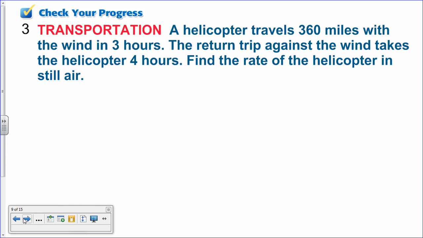Now, this is not any different than the previous problem. The only difference is instead of water, it's where? Air. So the current now turns into wind. So instead of using C, I'll use W. With the wind, against the wind. You set it up the same exact way.